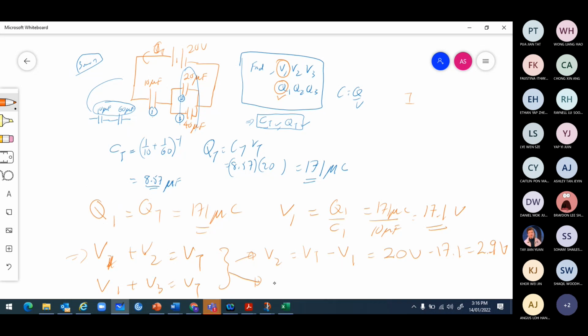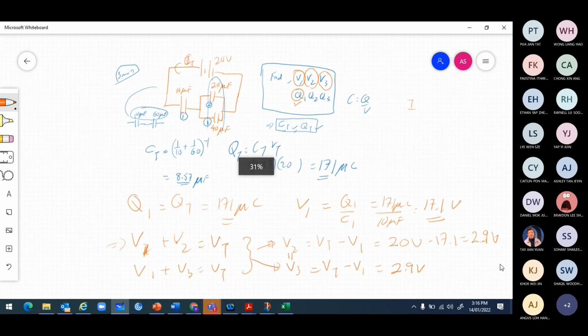V3 we can find also, but because V2 and V3 are in parallel, no need to calculate; you can give a statement. V2 is the same as V3 because it's parallel, so V3 is also 2.9 volt. So we got the voltages.